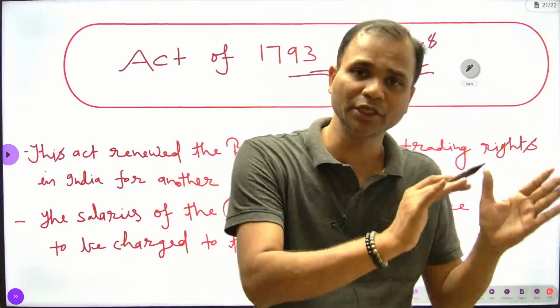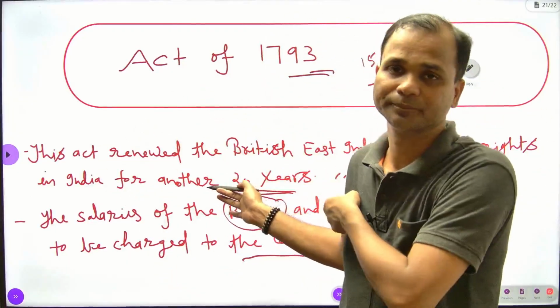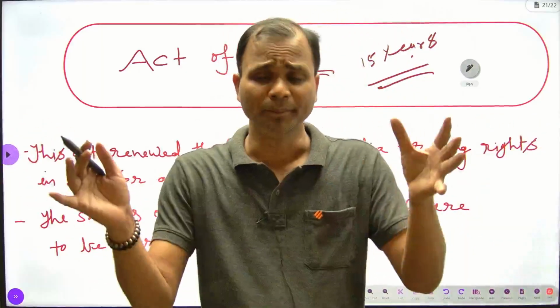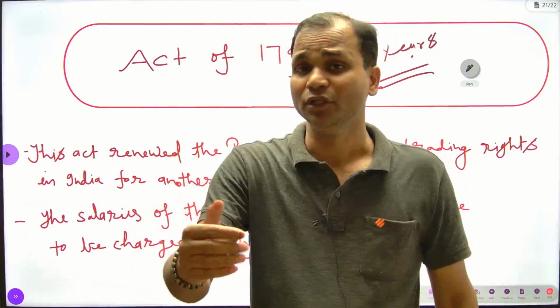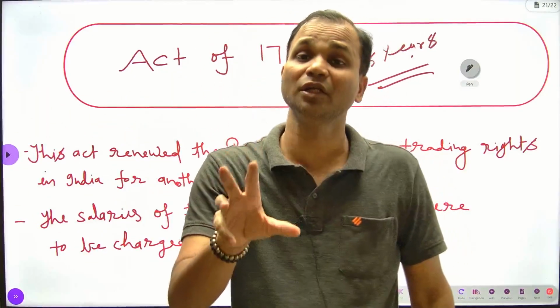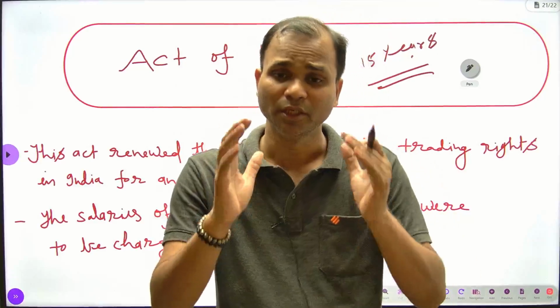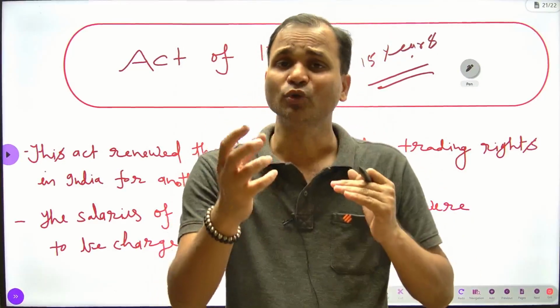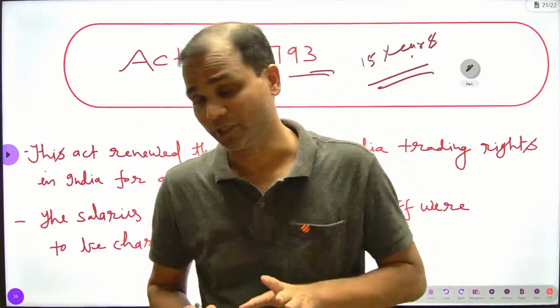After studying those acts, then you should read this act, and you should try to make a connection among these acts. In these successive acts, you will find that the power of the Governor General will increase, and the British government will try to handle India by giving more power to the Governor General.